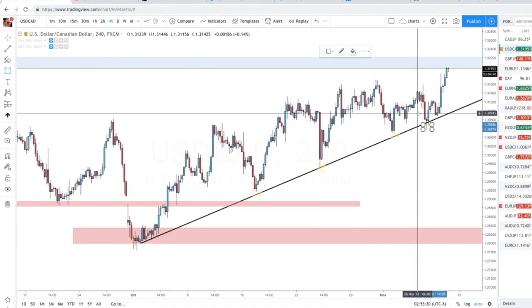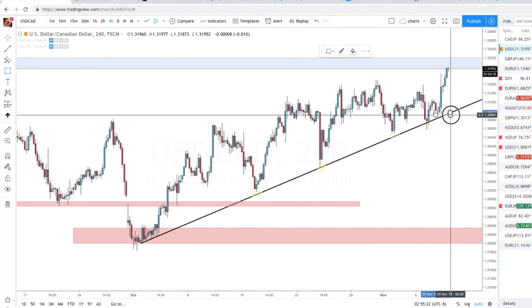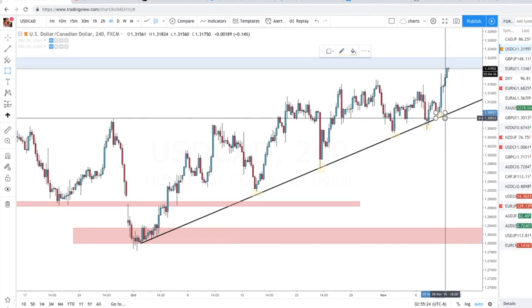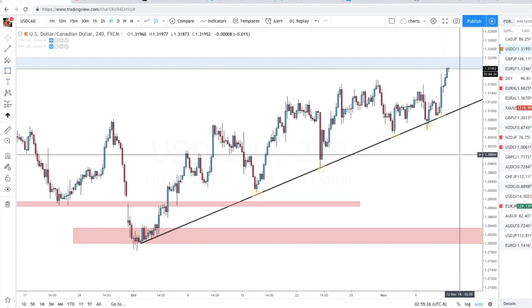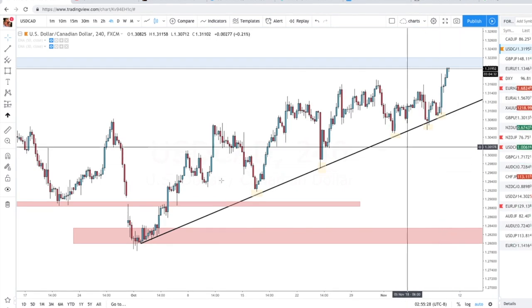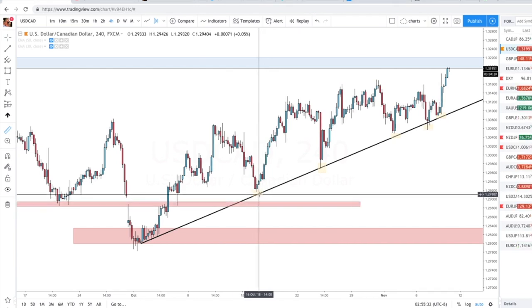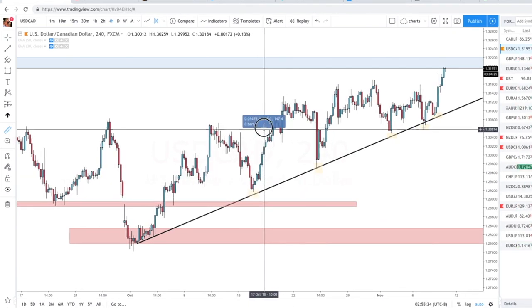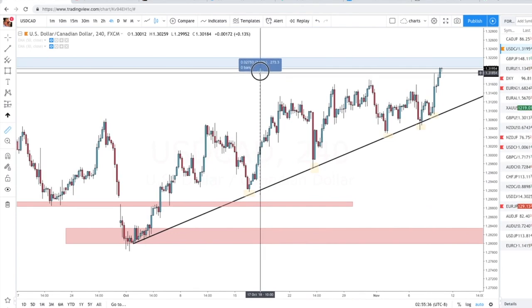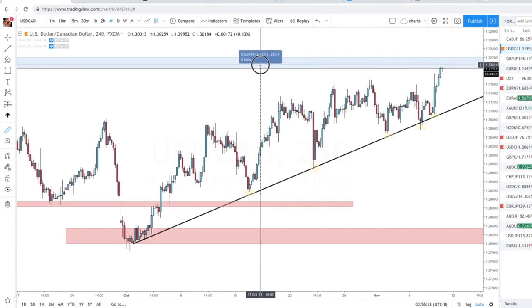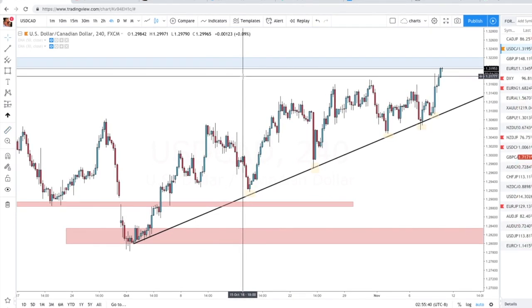And we could have taken another one right here. Okay? So if we would have bought, for example, right here, all the way up, that would have been a nice almost 300 pip move. So that's why swing trading is lit.